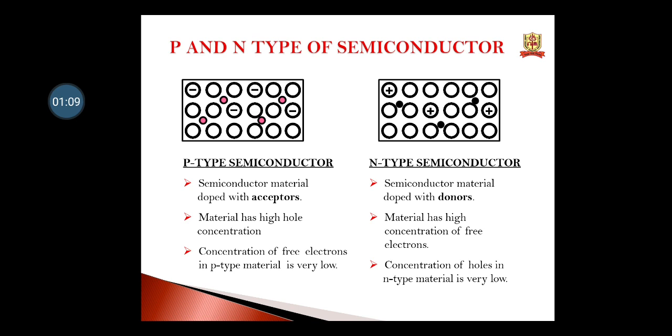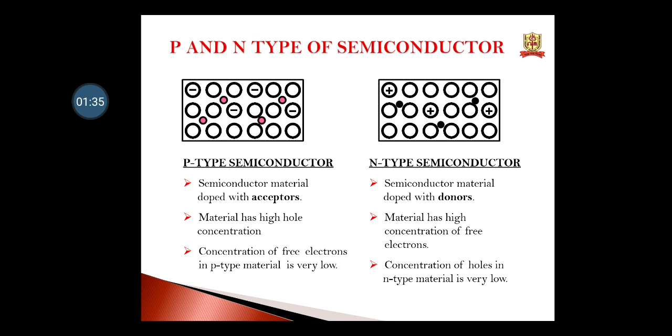As you know, if the impurity which you are adding is a material with three valence electrons, then the semiconductor is called a p type semiconductor.